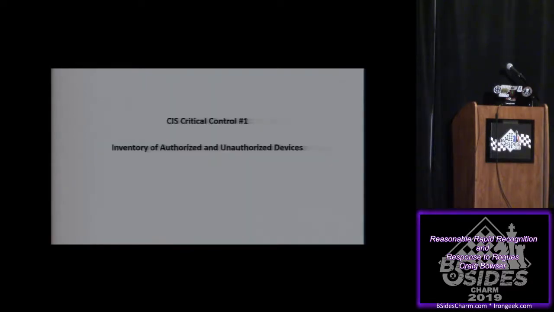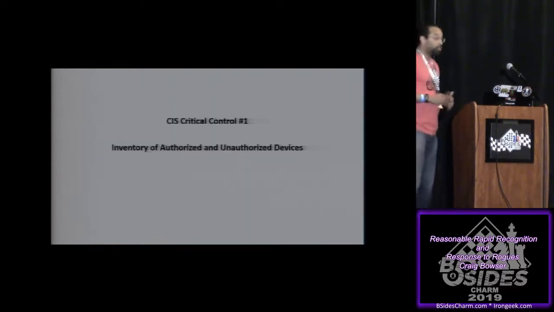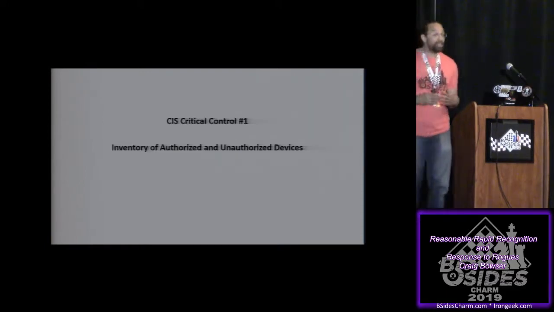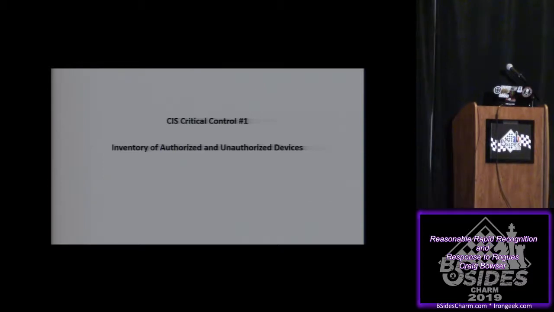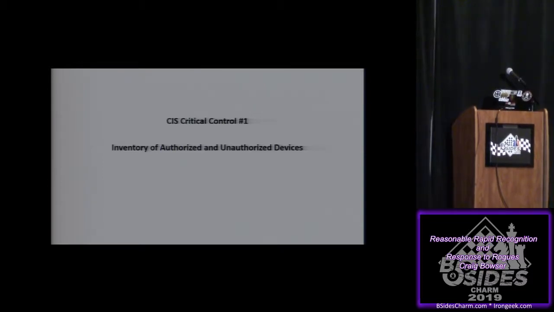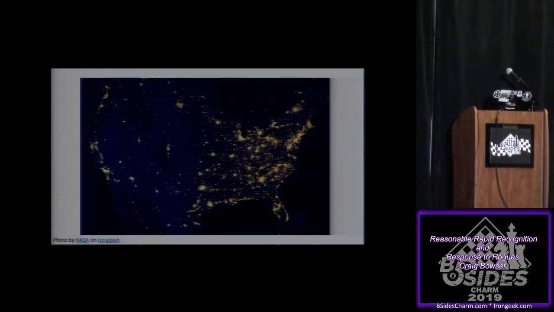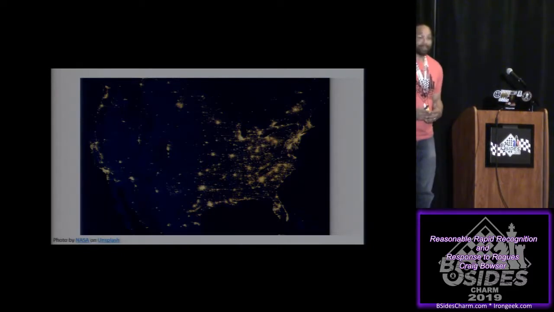The first of the CIS controls has always been that you need an inventory of your authorized and unauthorized devices, right? So, know what's on your network. If you don't know what's on your network, it's almost impossible to defend it, to protect it. But that's hard. You've got a network all over the world, all over the nation, hundreds of thousands of devices.